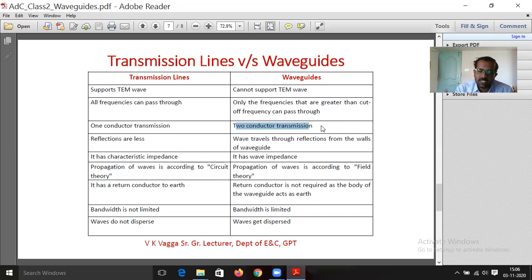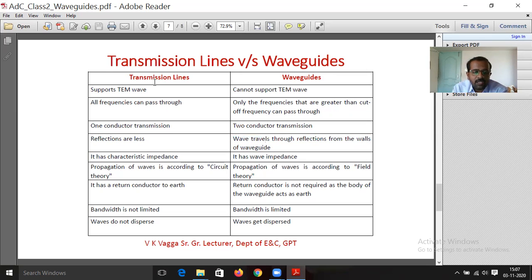It is having the positive cycle as well as the negative cycle. It is hitting the inner walls of the tube there. And if you take the reflections, they are very few, but in the waveguides the wave travels with the reflections only. So the wave travels with reflections from the inner walls of the waveguide here.